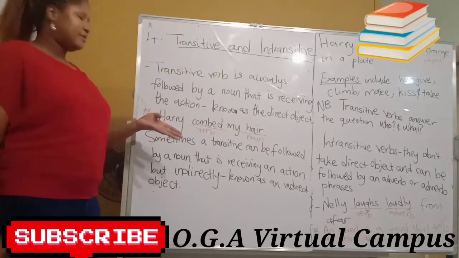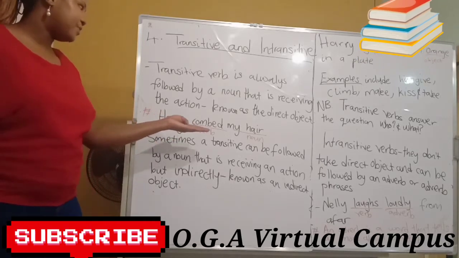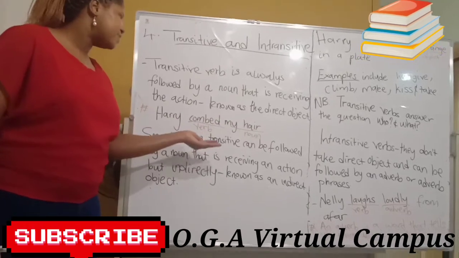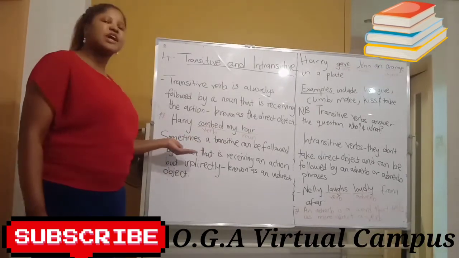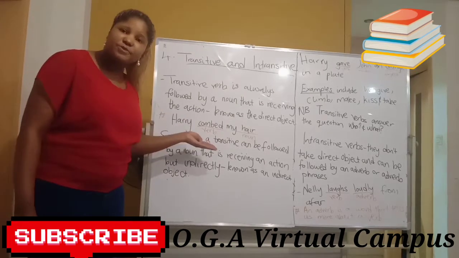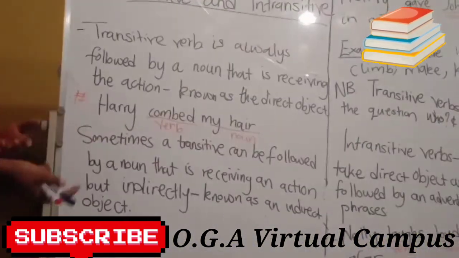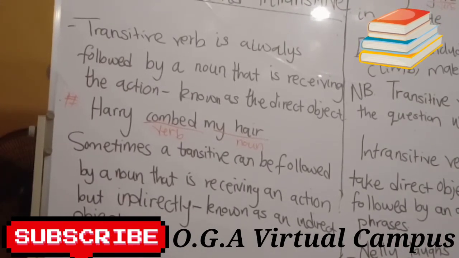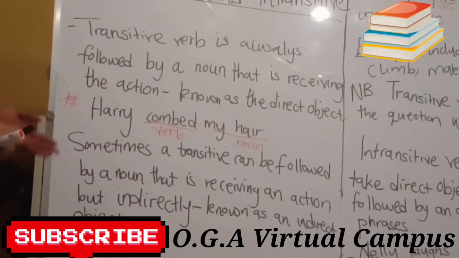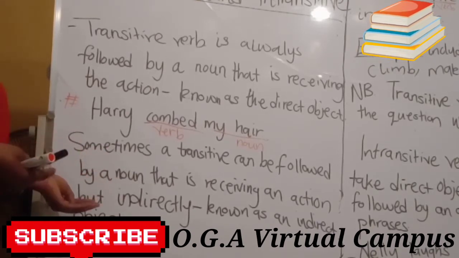In some cases, a transitive verb can be followed by a noun that is receiving an action but indirectly, known as an indirect object.